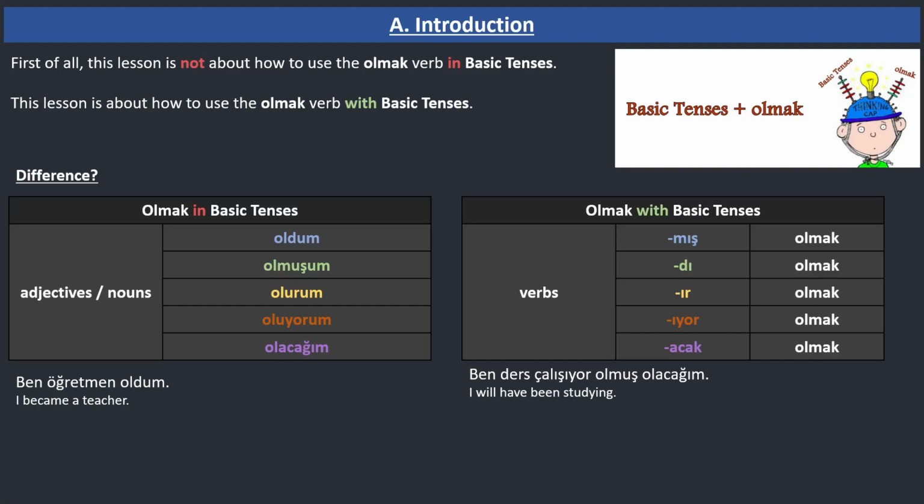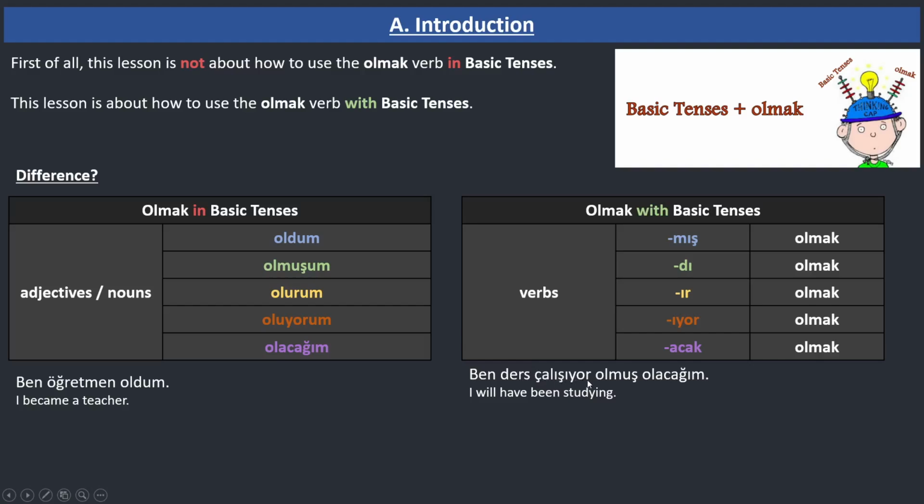But the other one, what we are going to study today, is mostly with verbs, and then mIş, ıyor, acak, and also olmak. You can see a chain of combinations. Like an example here. Çalışmak, ders çalışmak is to study.